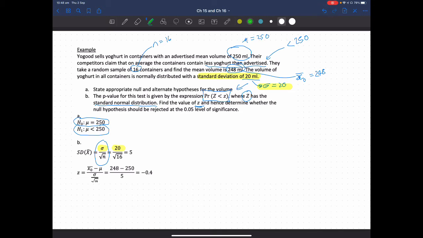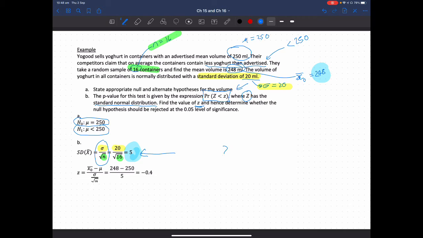N, which is the sample size, I've identified there, so we substitute in n here. Working that out, we get a figure of 5. So we now know the standard deviation to use, and we know the mean to use for our calculation of z.